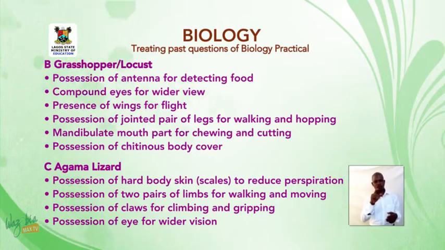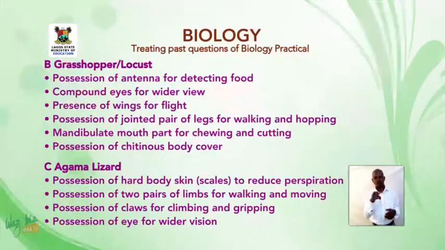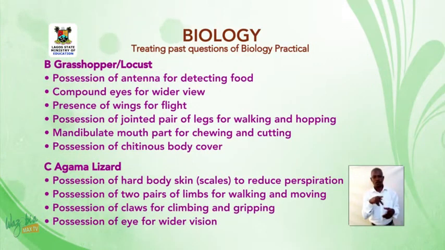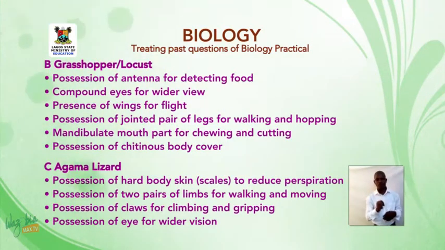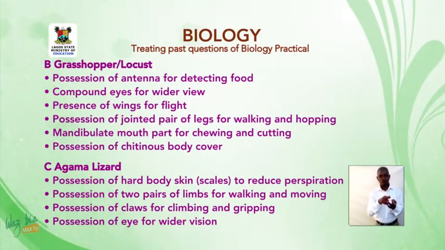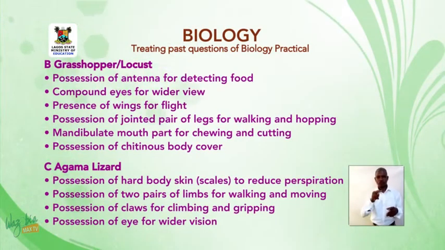Now, for the agama lizard, which is specimen C, the observable features are possession of hard body skin or scales to reduce perspiration. Then possession of 2 pairs of limbs for walking and moving.